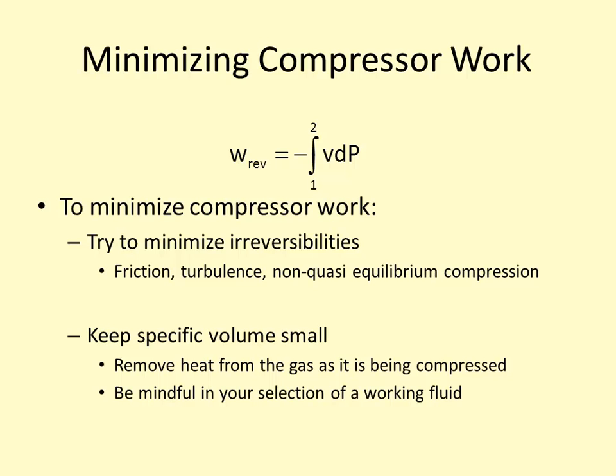The second way is to keep the specific volume small. One way to do that would be to remove heat from the gas during the compression process, or as we talk about later, you can do multi-stage compression processes and remove heat after each stage, or you can be mindful in your selection of working fluid.